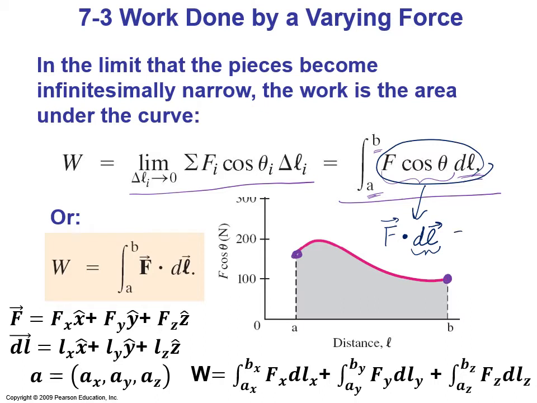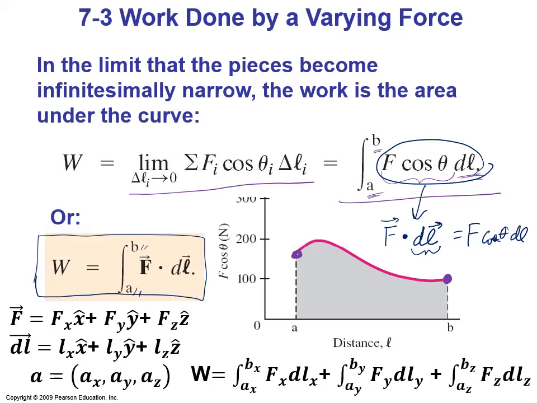So these two things are exactly the same. F cosine theta dl is exactly the same as F dot dl. So writing this in the most compact form, it looks like this. Work is an integral of F dot dl from A, its starting location, to B, its final displacement.